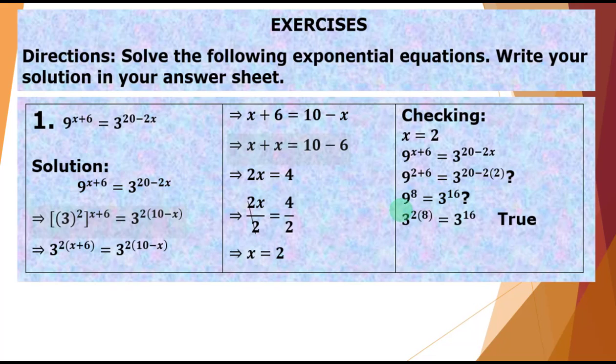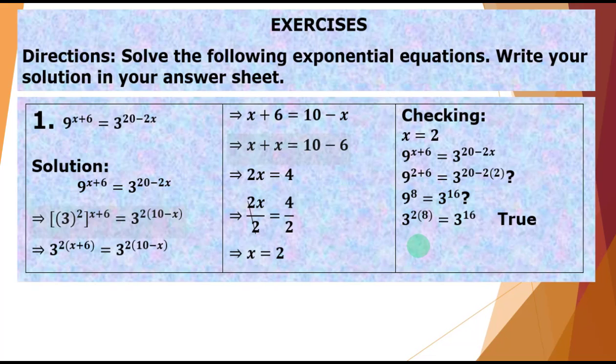Then, simplifying, 9 raised to 8, because when multiplying with exponents, in this case, we have to add the exponents. Equals 3 raised to 16, 20 minus 4 is 16. But we're not yet done because we need to confirm whether these expressions are equal.